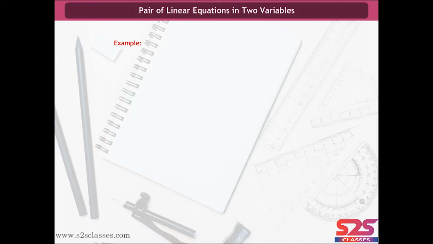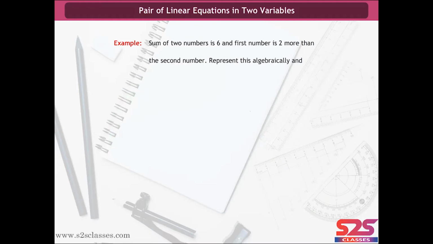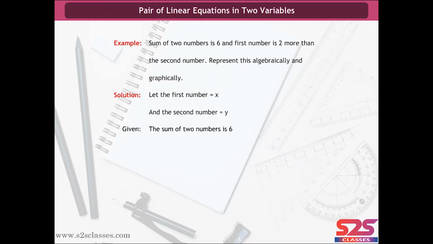Example: the sum of two numbers is 6 and the first number is 2 more than the second number. Represent this algebraically and graphically. Solution: let the first number be x and the second number be y. Given that the sum of two numbers is 6, we can write x + y = 6.